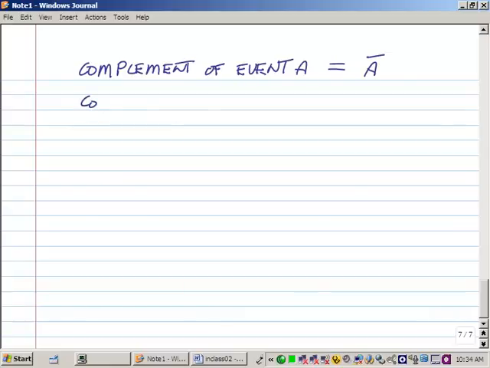And the complement means just quickly not A, or everything else but A.